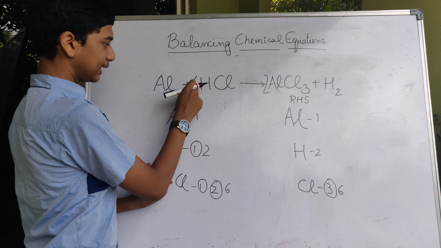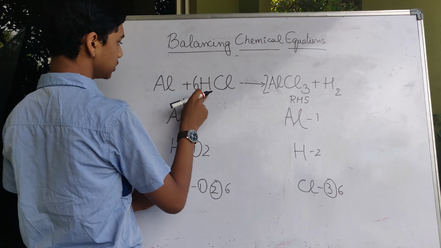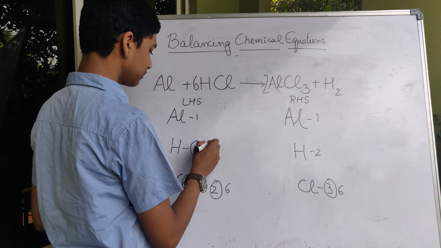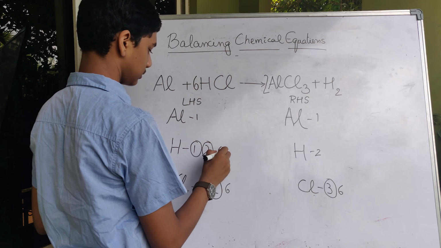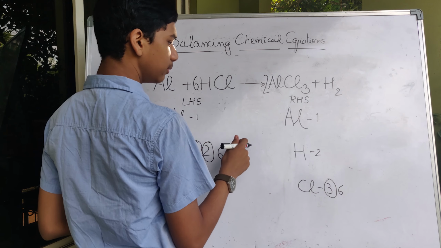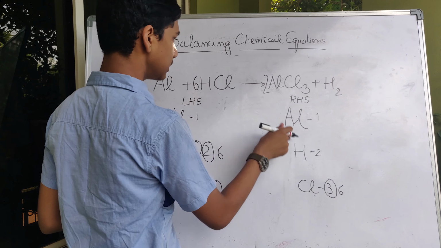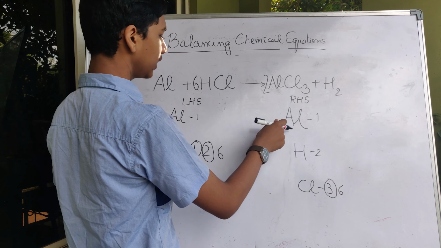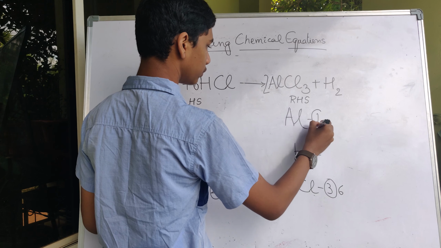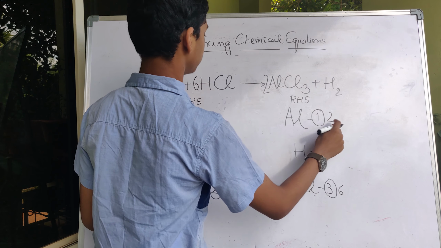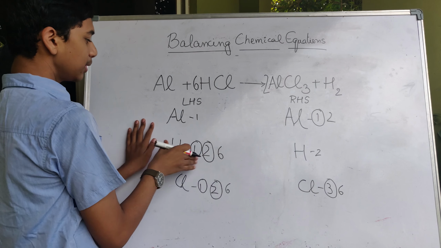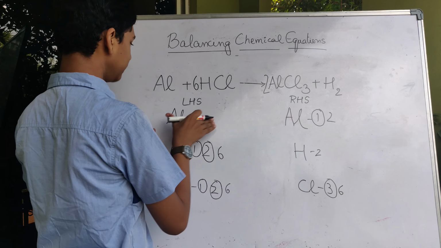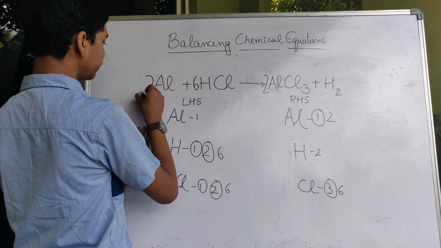But over here it has changed the number of hydrogen atoms. So the new number of hydrogen atoms is 6. And the hydrogen here remains constant. However, it has also changed the number of aluminium atoms here to 2. So coming back here again, to equate both of these, simply multiply this aluminium with 2.